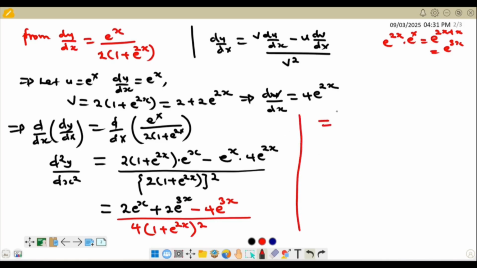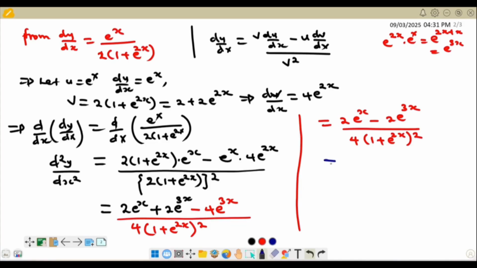So the d2y/dx squared will give us, let us try to simplify this expression. So we shall have 2 e to power x minus 2 e to power 3x, and this is divided by 4 into 1 plus e to power 2x, and the whole of this is squared.